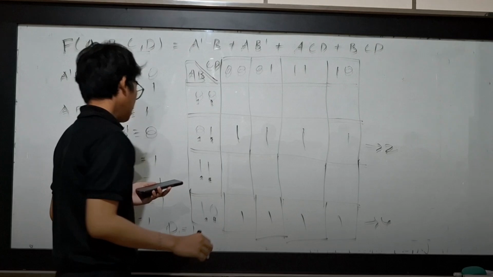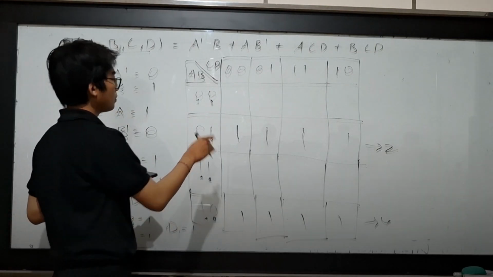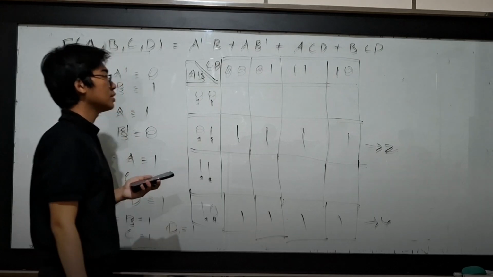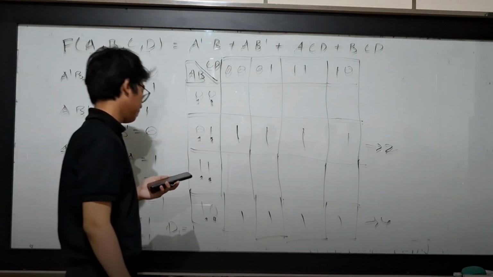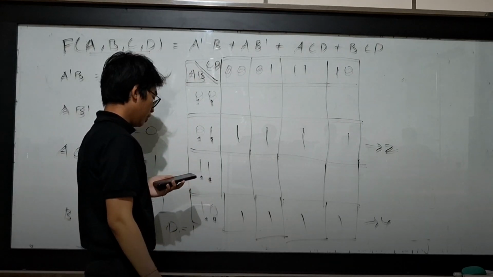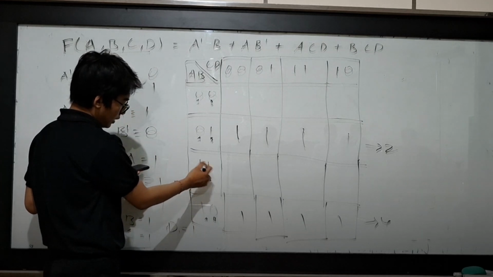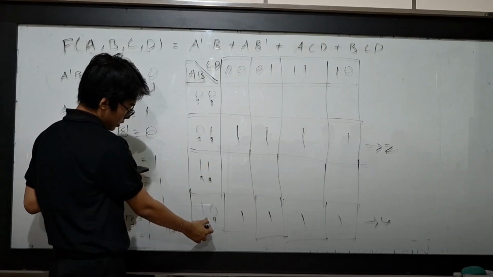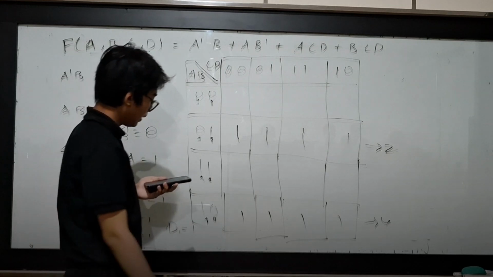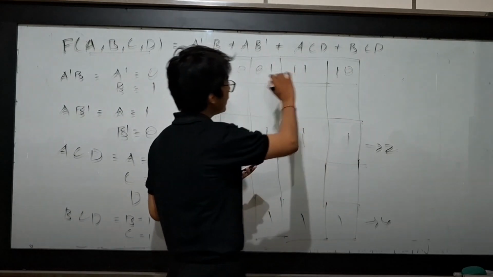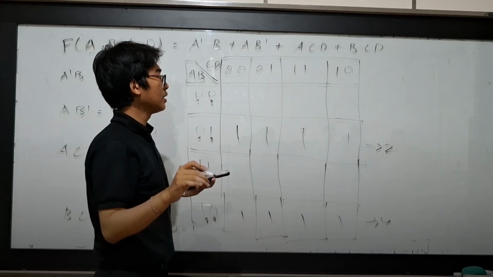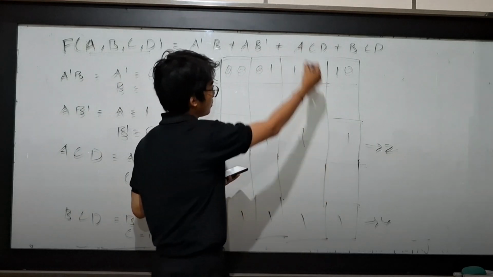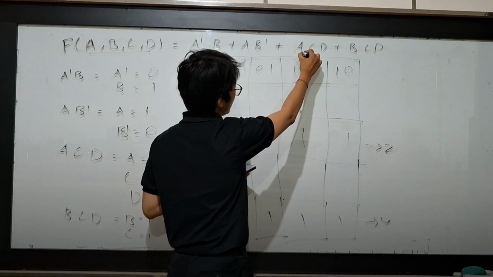So we're going to find where A1, C1, and D1. From this, we know that this is A1, and this is also A1. And C1 and D1 is only from this column, the column number 3.